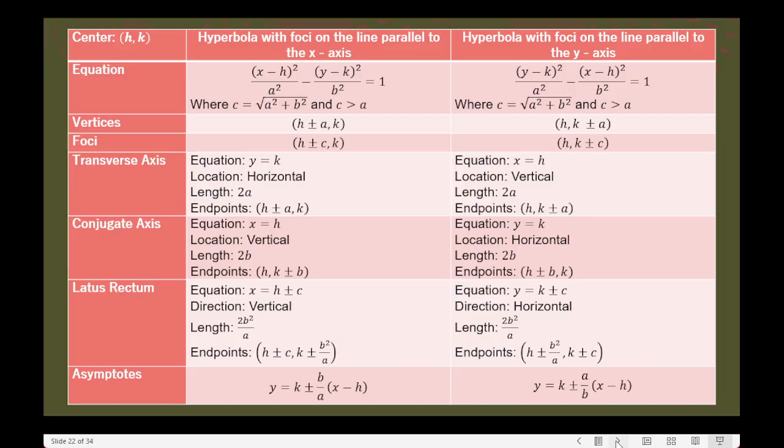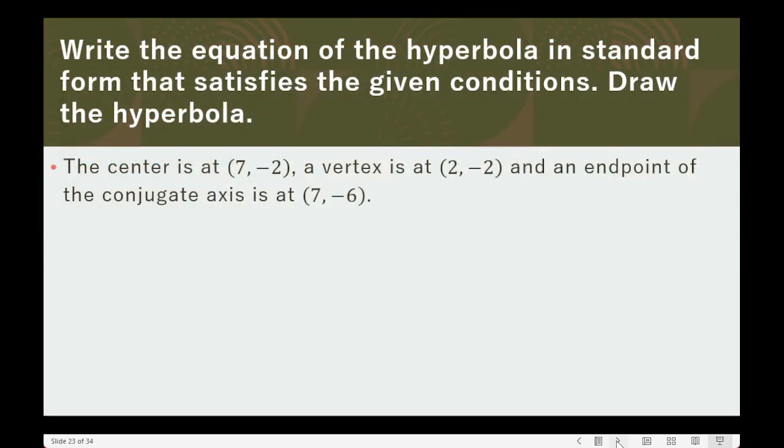So let us now go to another set of examples like this one. We are asked to write the equation of the hyperbola in standard form that satisfies the given conditions. Then draw the hyperbola. So what is the condition? The center is at 7, -2.